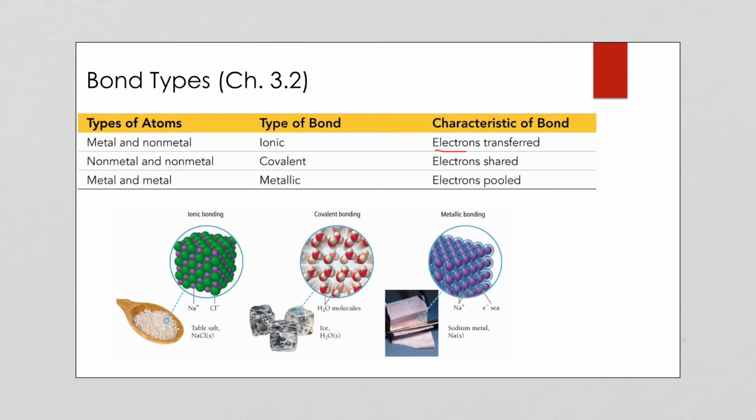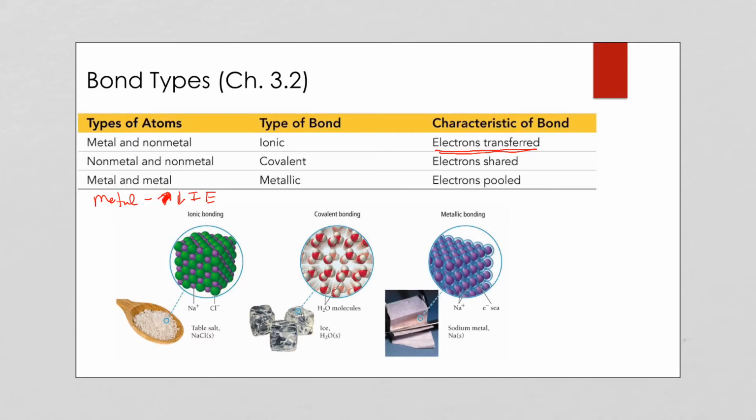Ionic bonds form by a transfer of electrons. And we looked at this back in Chapter 3, where we have a metal and a nonmetal coming together. So one thing to remember is that metals have a low ionization energy.